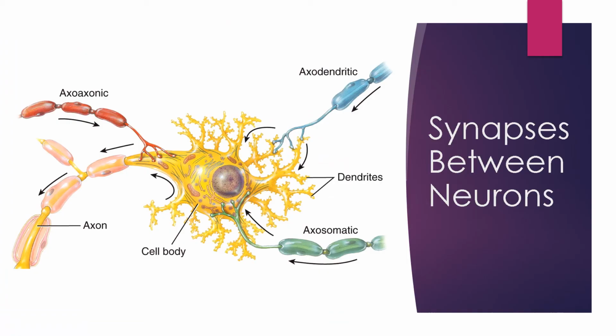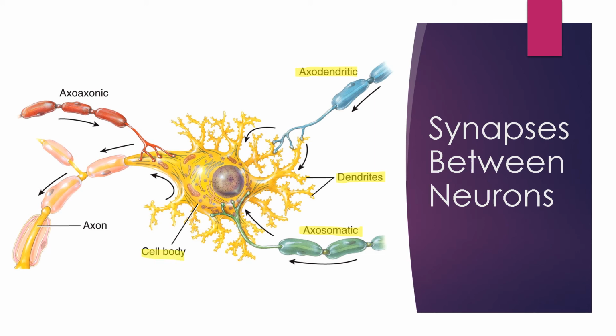Most synapses between neurons are axodendritic. This is where the axon from one neuron sends the action potential directly to the dendrites of another neuron. There are some other synapses that are axosomatic, from axon to cell body, as you can see here.